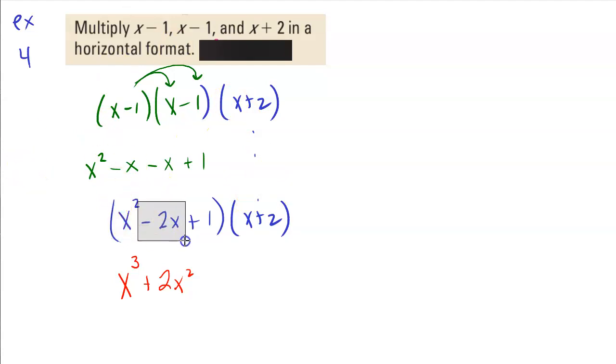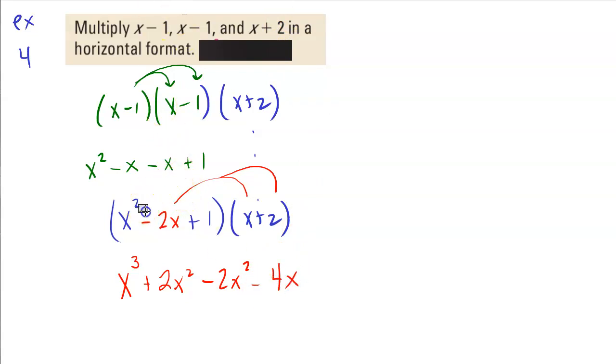So I got a negative 2x that I'm going to distribute. So negative 2x times x and negative 2x times 2. So negative 2x times x is negative 2x squared. And then negative 2x times 2 is negative 4x.